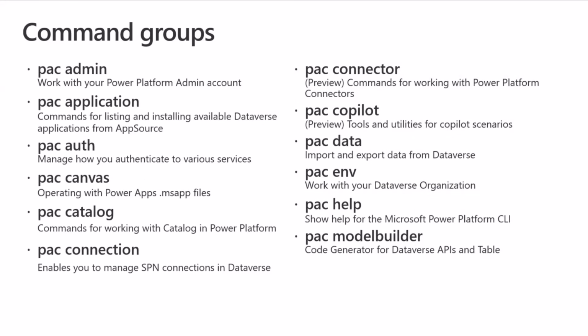So that's really cool as well. Next, you have a whole bunch of command groups available. You have pac admin, which helps you work as an admin with the Power Platform. You have pac application, which can help you install a whole bunch of applications from AppSource if you want to.